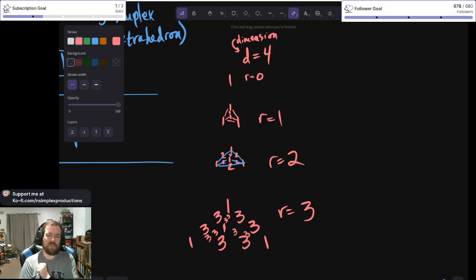And also, we have a number in the center, which is going to be 12, because it comes from all of the 2's around it. Those 2's are all connected to this middle number, which is the 12.